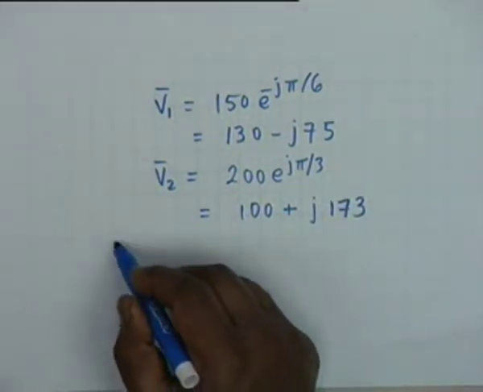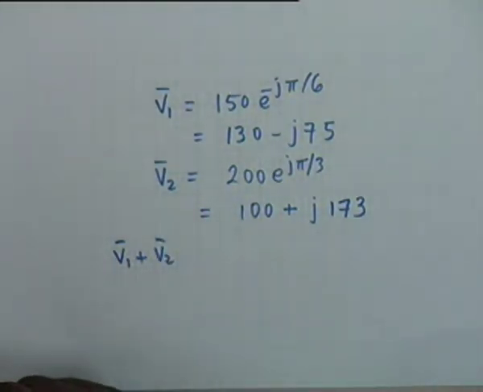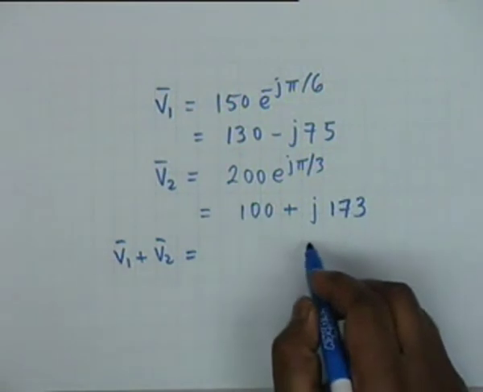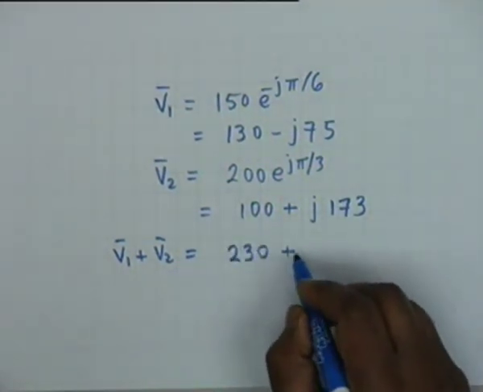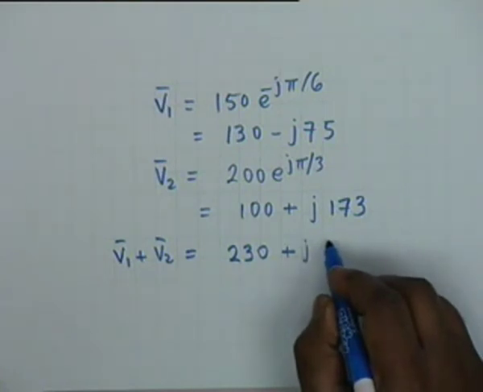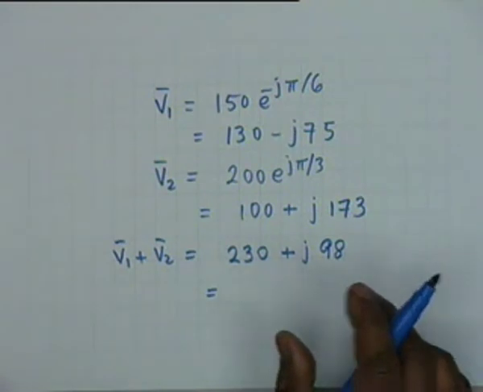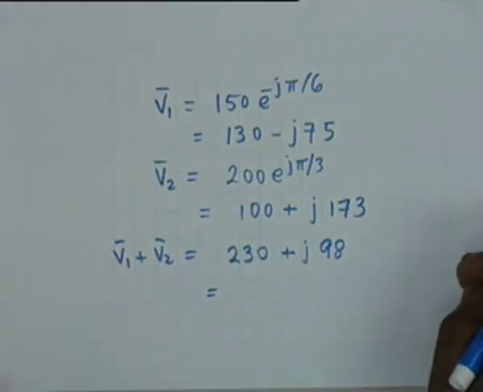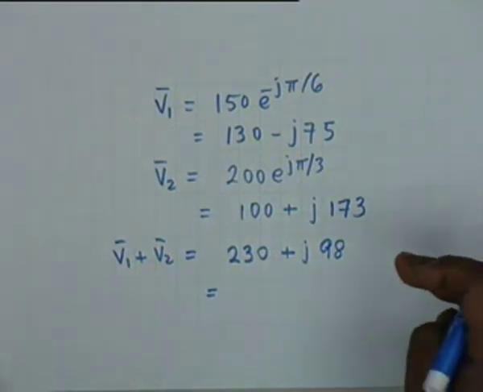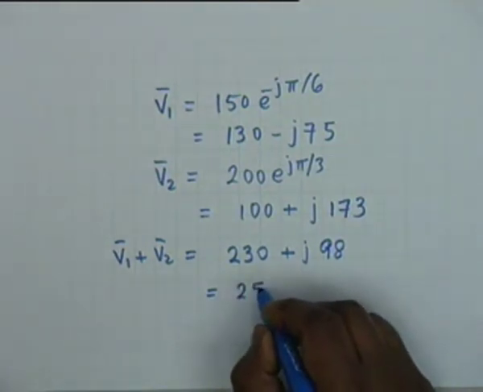Then what you do is V1 bar plus V2 bar, you are making vector addition by parallelogram of vectors. So you add the real parts and add the imaginary parts. So you get 230 plus j98. Now you convert it into the polar form again. That is square root of 230 square plus 98 square, and angle is tan inverse 98 divided by 230, and the result is 250.